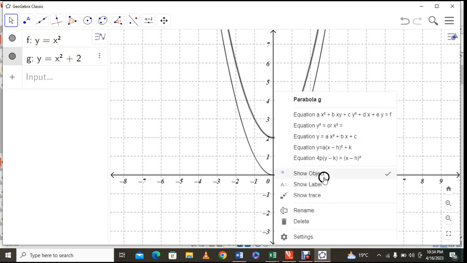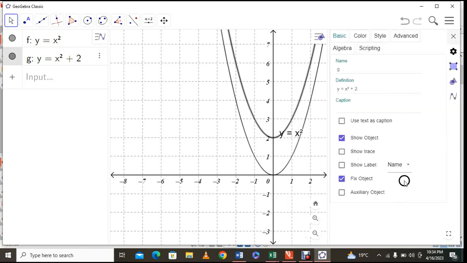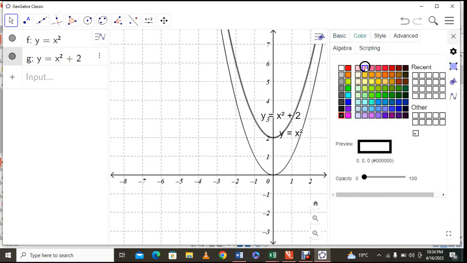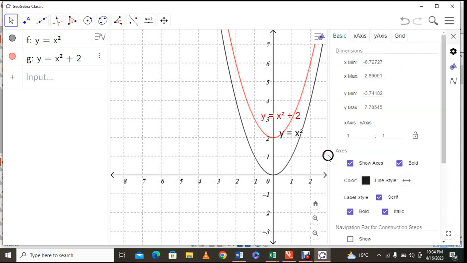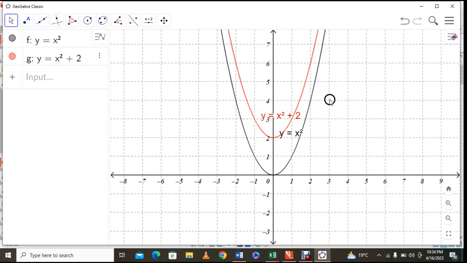Let me just rename it so you can see it, so you have an idea of how these particular graphs move. Maybe you can also play around with the color. Okay, so there you have it. So now you have got y equals x squared plus 2. The whole graph has been translated up. Okay, translated up by 2.